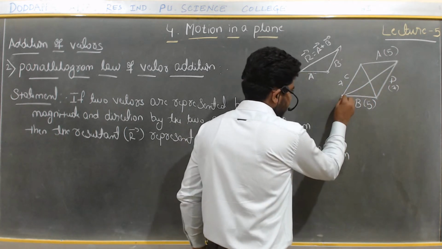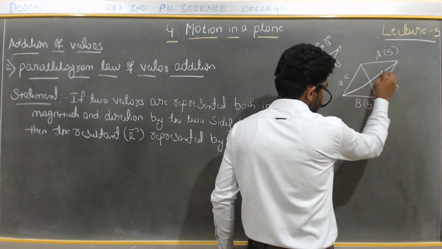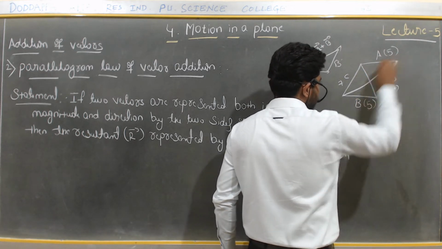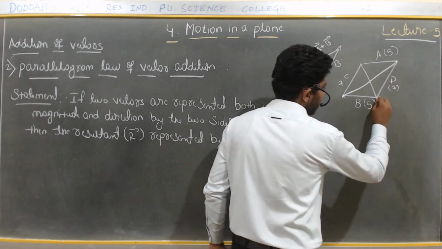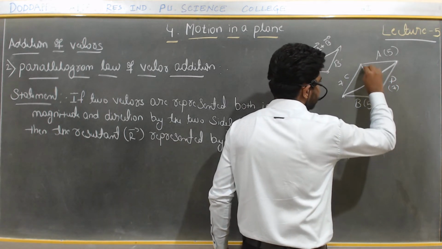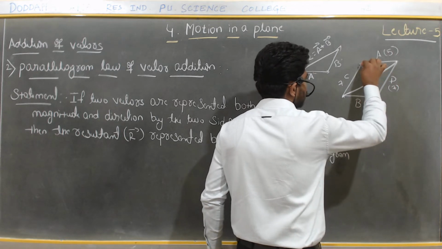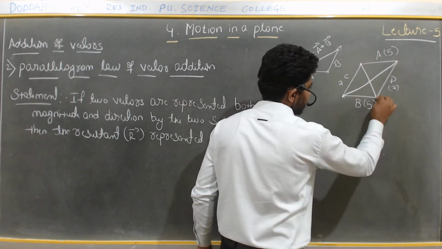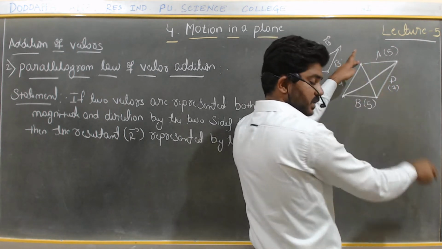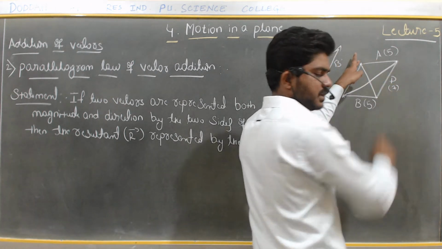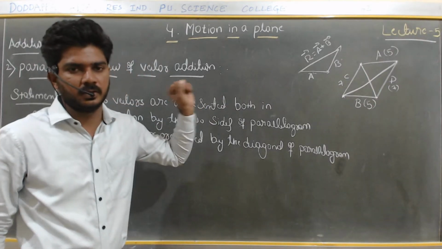Here we have one straight line combining two corners of the parallelogram. And here also you can take another straight line which also joins two corners, right? So these are the corners, and in between these two corners we have one straight line. That straight line itself we call the diagonal, right?